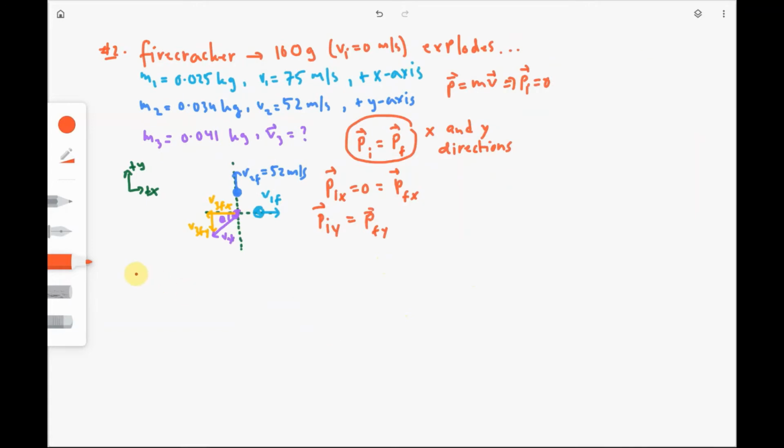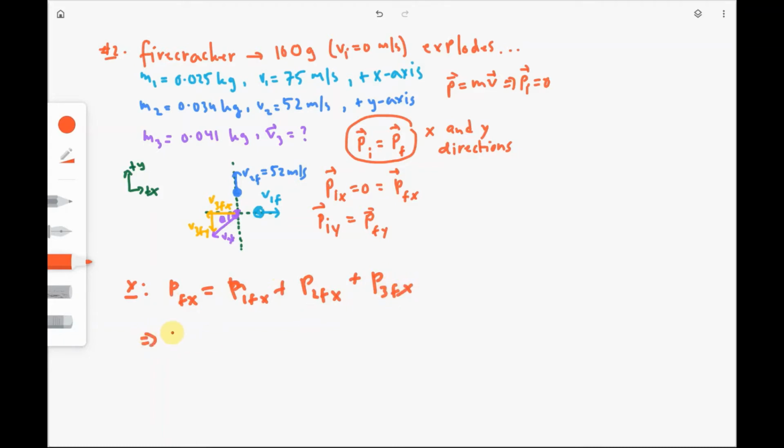Alright, so in the x direction, what do we have in the final momentum? P final x is equal to P1 final in the x direction plus P2 final in the x direction plus P3 final in the x direction.